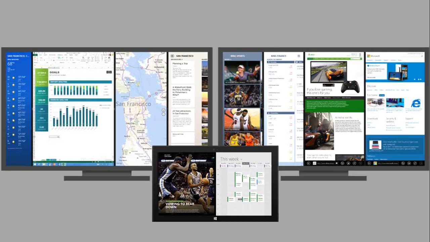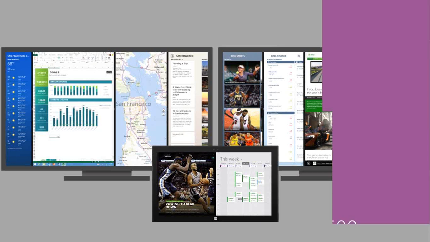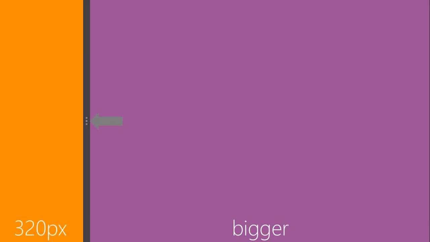Now, as you can see, the purple part is 500 pixels. So this is the minimum that you should design in your applications if you are making a Windows 8.1 application. Or you can design a larger application, or even larger, and the remaining is 320.